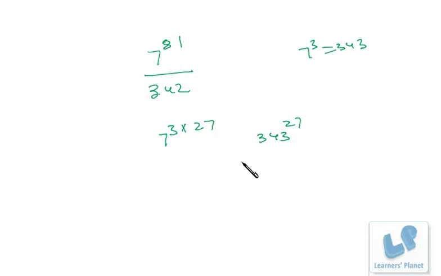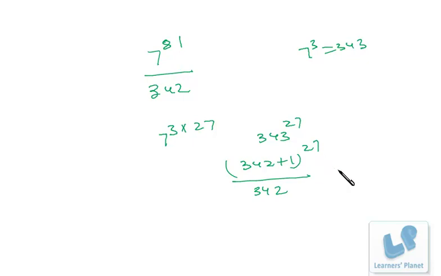Now 343 can be written as 342 plus 1 raised to 27, right? And as I have described earlier, if we expand this 342 plus 1 to the power 27, we will be getting 28 terms, and each and every term will be a multiple of 342 except the last term. So that's 1 raised to 27.